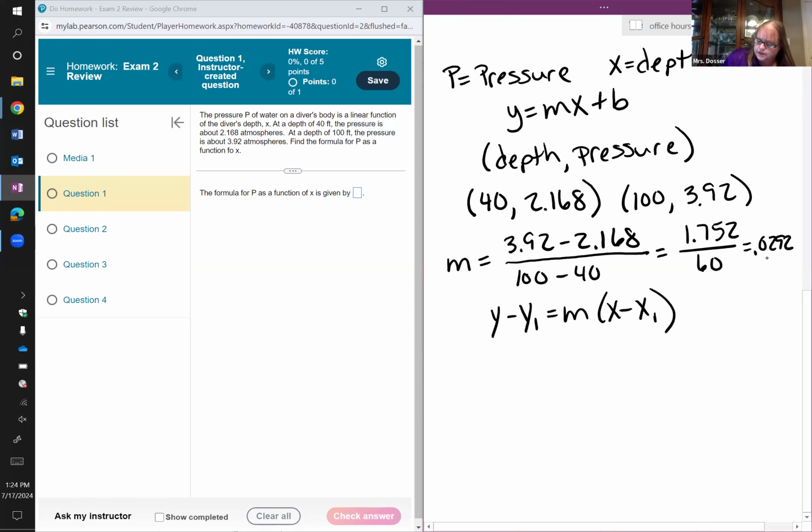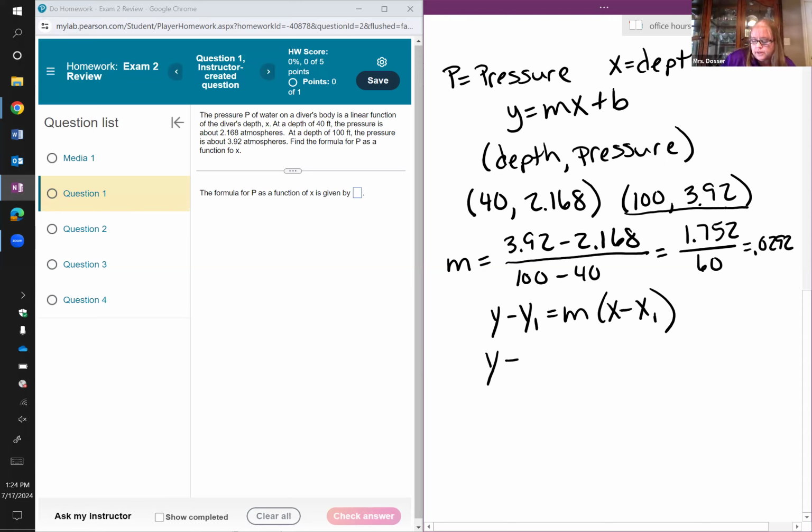I'm going to plug in 0.0292 for m, and I'm going to use the second point. It does not matter which one you use. You can use the first one. It will simplify to the exact same equation. I'm choosing to use the second one. It looks like it might be slightly easier to calculate. So plugging in, I'm leaving my Y as my output variable, and then I'm subtracting y1, which is the Y value of the point.